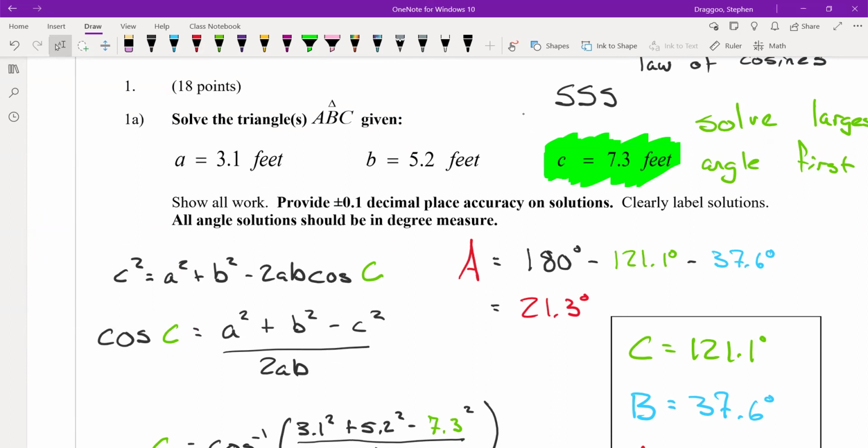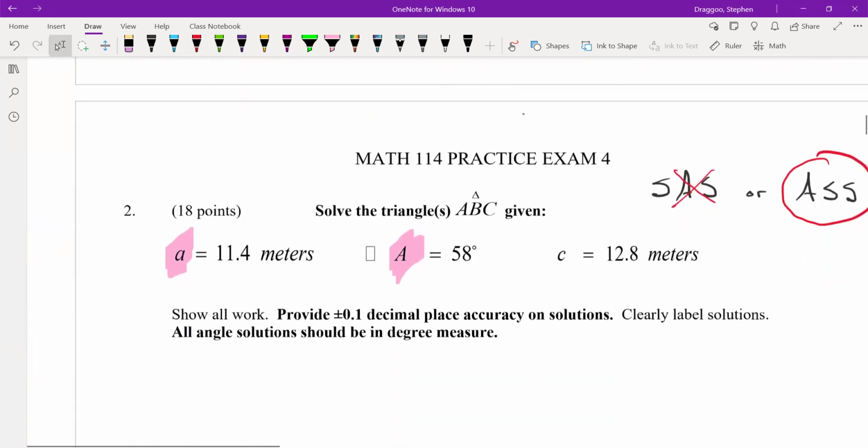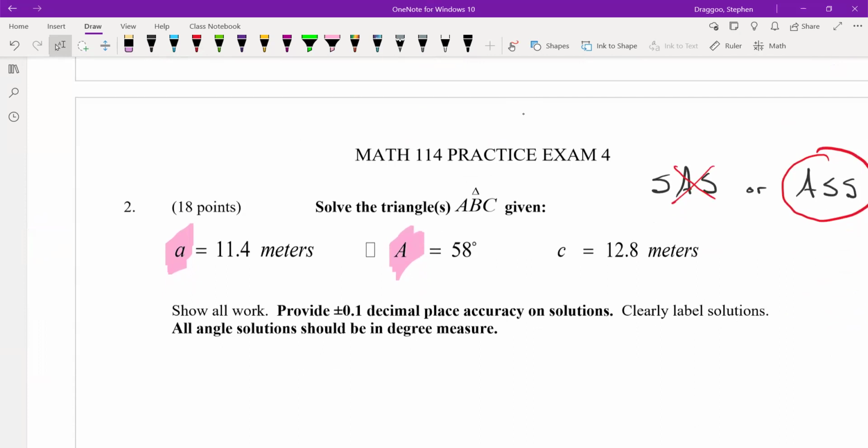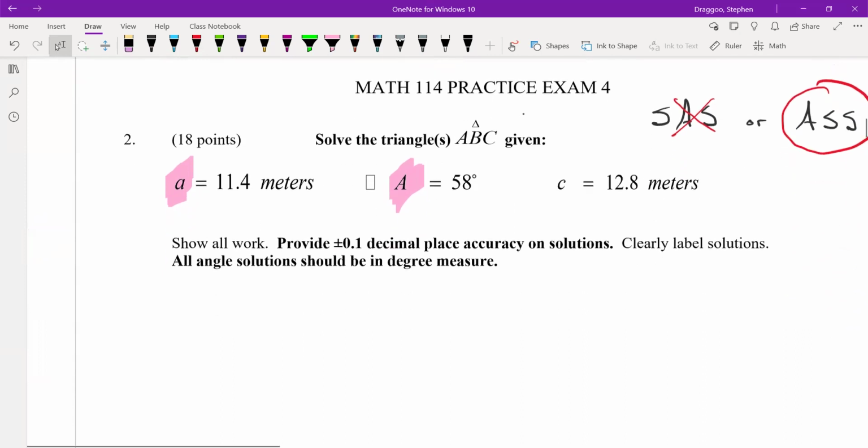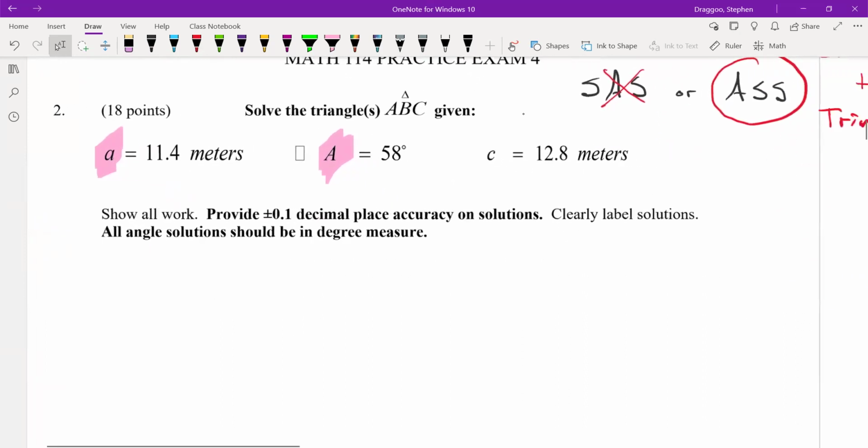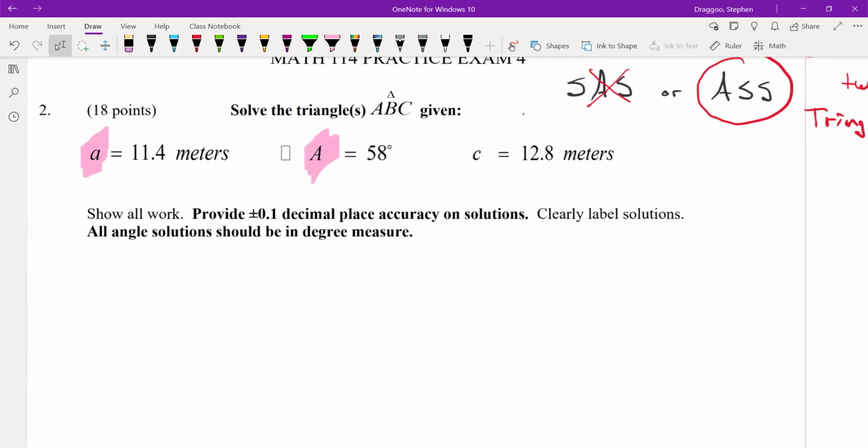And then you see another one that says solve the triangle, but it's 18 points instead. There's more work in an 18-point problem, so that probably means solve for a second triangle. So you can use the point values to fudge your way into figuring out how many triangles to solve for. But I digress. Let's solve this thing out.